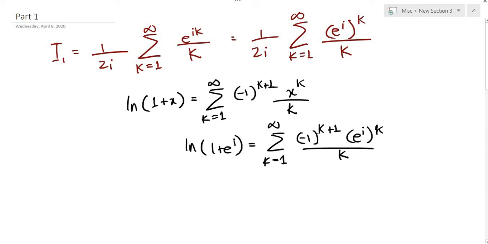We just have to get rid of this alternating part in our original I1 expression. Here we need to get rid of the alternating part, but in our original expression we need to introduce that, right? So that we can directly evaluate our I1 to be some multiple times the natural log of 1 plus e to the ith power.